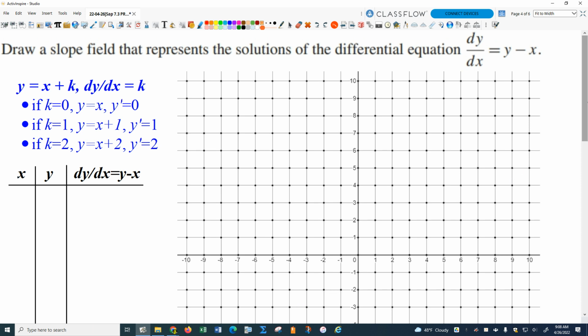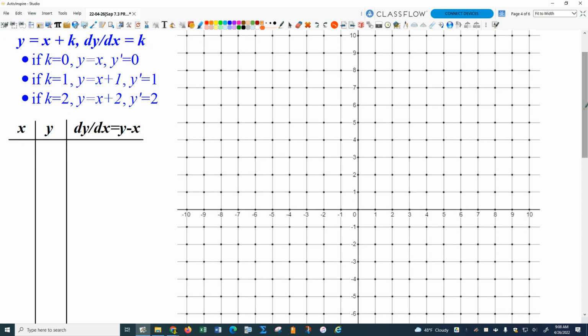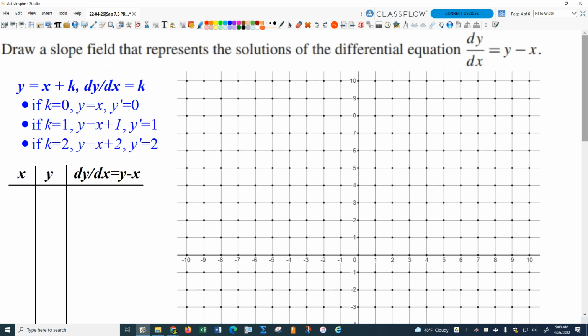Right, so we could go in on our slope field then. And maybe an easier way to represent that would be to say, if I'm just going to let the value of the derivative equal k, I'm starting off with y equals x. If I solve for y, I just get y equals x plus k. Well, here remember we're representing dy/dx as k. Choose the value of the parameter k, which represents the slope.